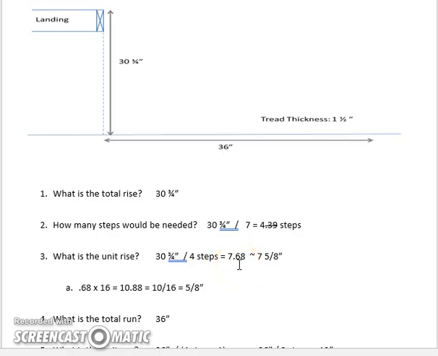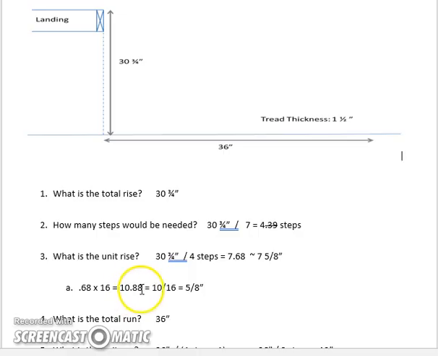Most people have no idea where 0.68 is at on a tape measure. If I were to tell you to mark something at 7.68 on a tape measure, you wouldn't have any idea. So in order to turn that 0.68 into something usable from a tape measure, we take just the 0.68 and multiply that by 16, because an inch is broken down into 16 parts, and we get 10.88.